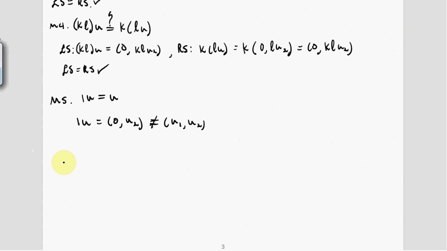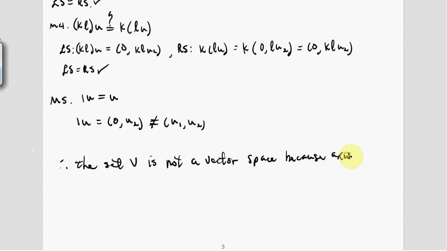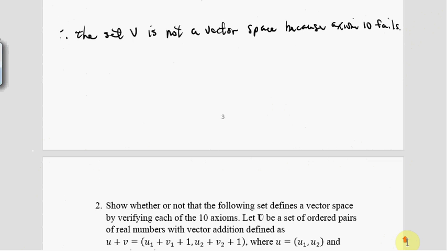Need to conclude down here, I'm sorry. The set V is not a vector space because axiom 10 fails. So, right?